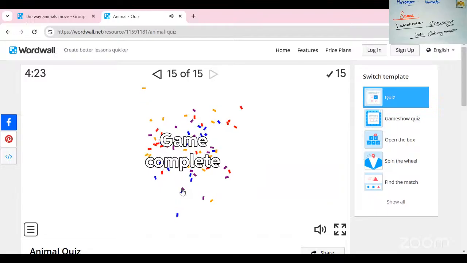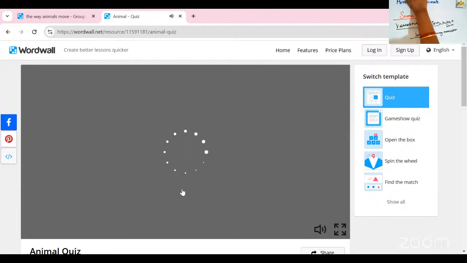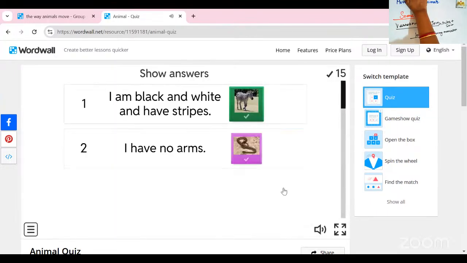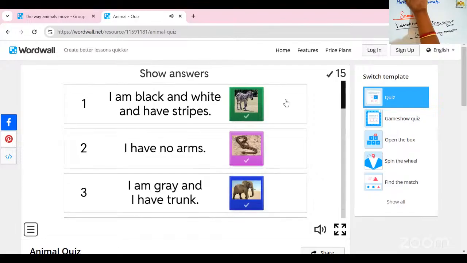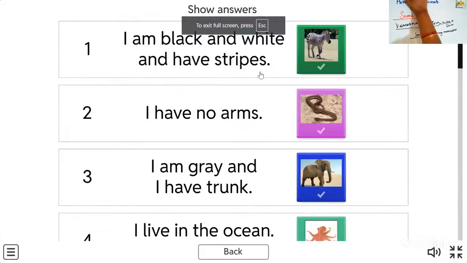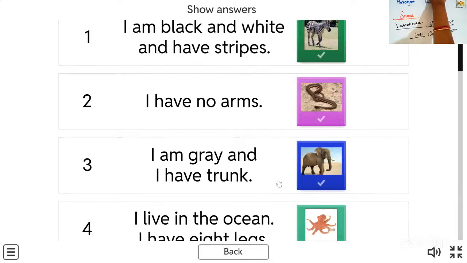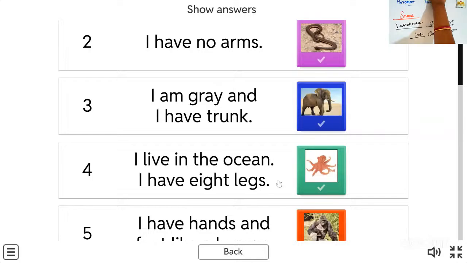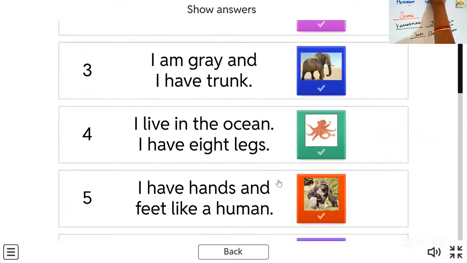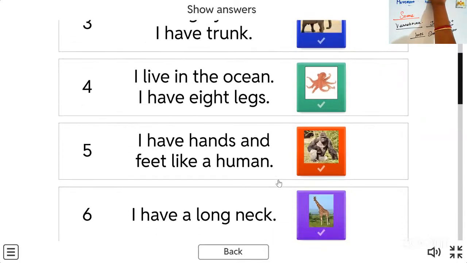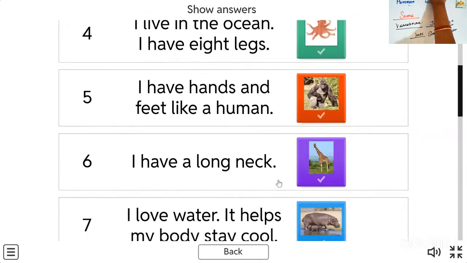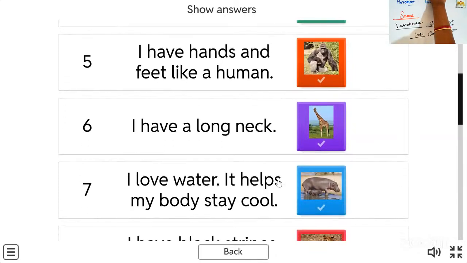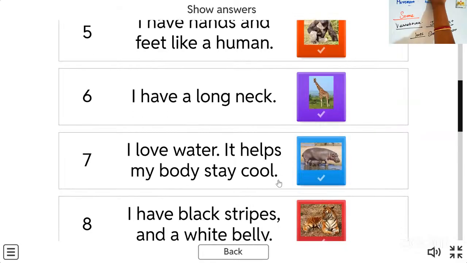Okay, now I'm going to show the answers also. I am black and white and have stripes on my body. I have no arms. I am gray and have a trunk. I live in the ocean. I have 8 legs. I have hands and feet like a human. And I have a long neck also, that is the giraffe. I love water. It helps my body stay cool.